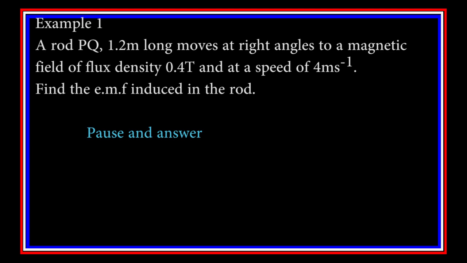Example 1. A rod PQ 1.2 meters long moves at right angles to a magnetic field of flux density 0.4 T at a speed of 4 meters per second.